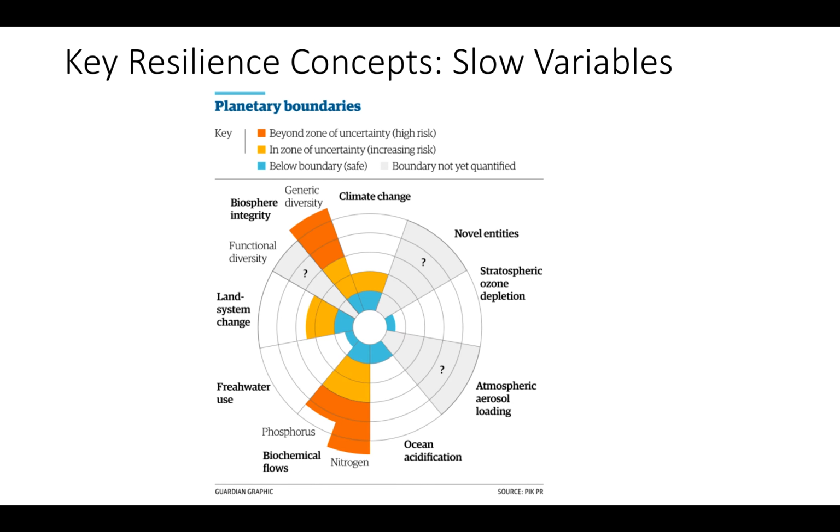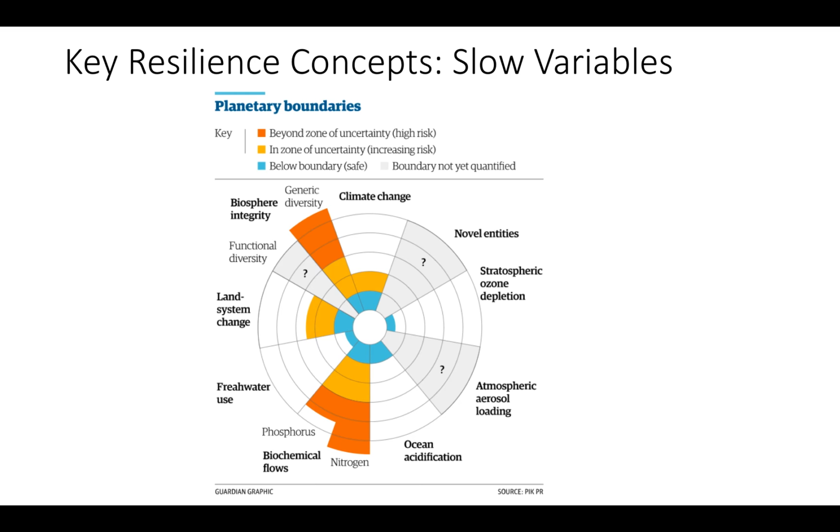There's been some really neat work over the last 10 years or so thinking about what the planetary boundaries are. What are the key thresholds of our Earth system that, if crossed, will cause serious disruption to that system and lower the resilience of the Earth, thinking about the Earth as a social ecological system?